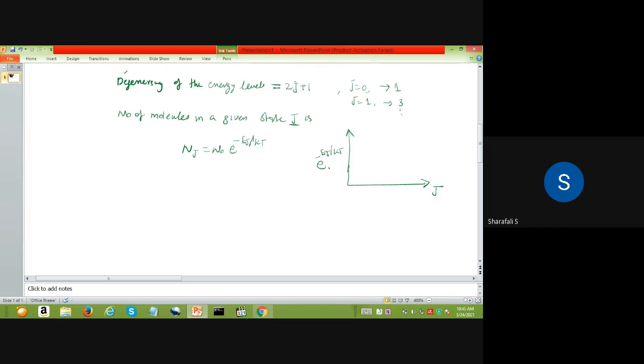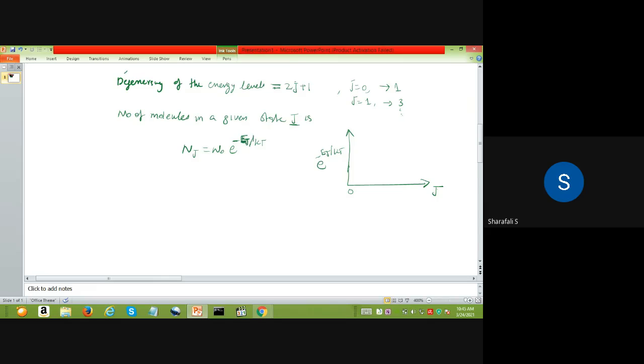If you calculate the value of E at different J values, then we will get e raised to minus EJ by kT as an exponentially decreasing factor.